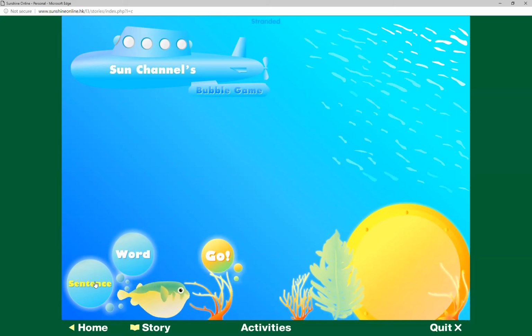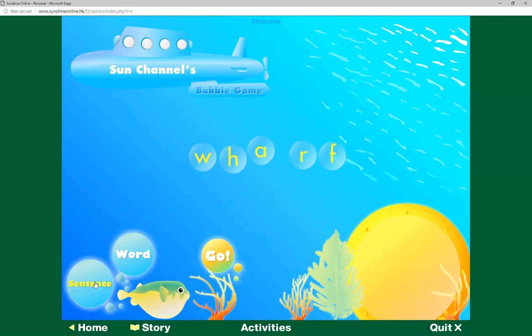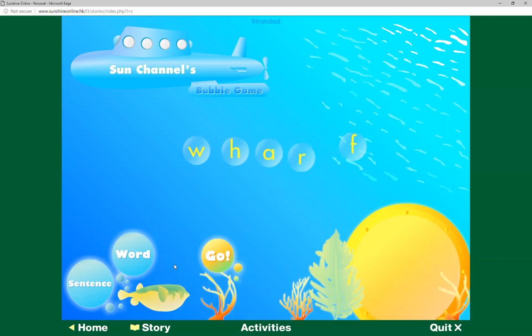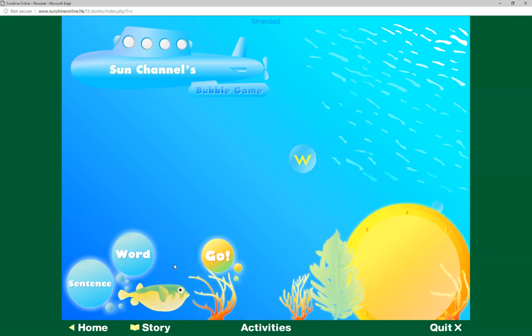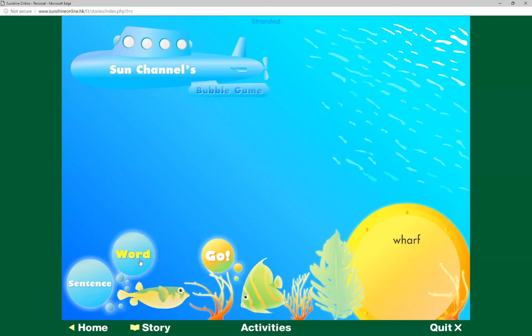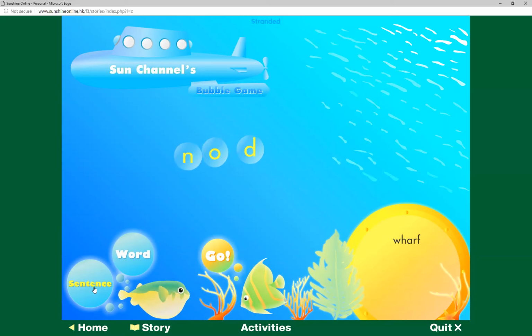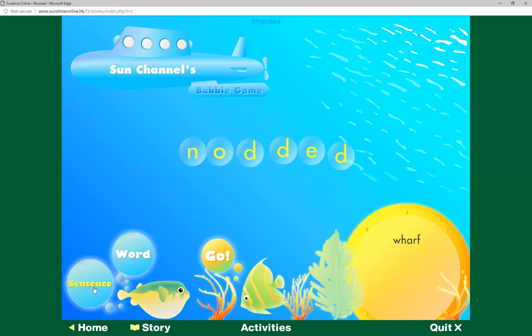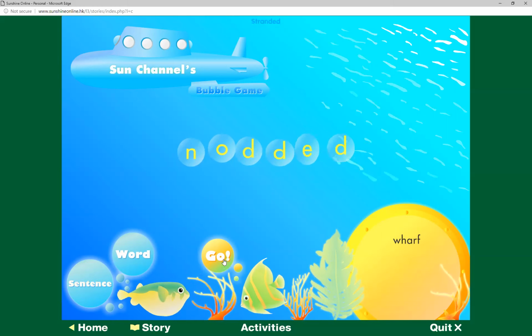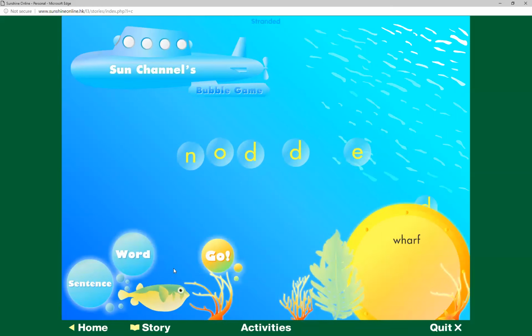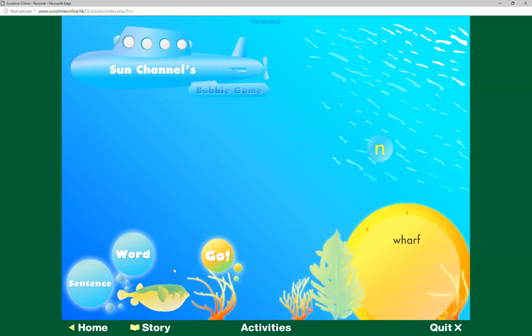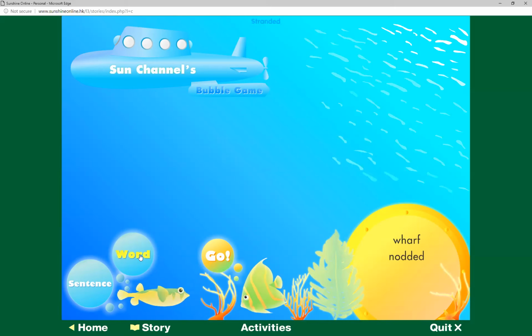Wharf. To me, it was just a big fishing boat pulling into the wharf. Type the next word and click on Go. Nodded. I looked up from my book and nodded. Type the next word and click on Go. Suddenly.